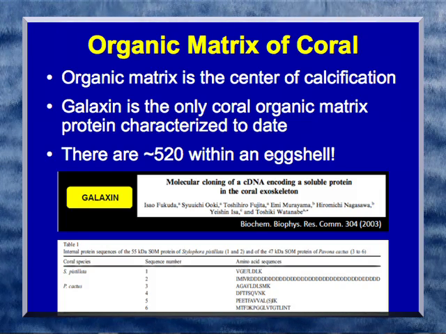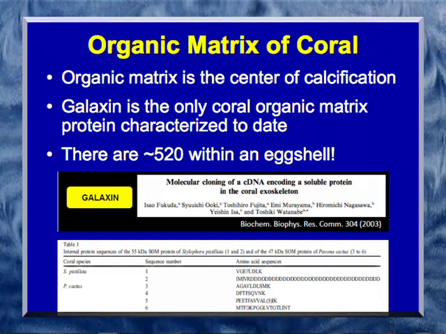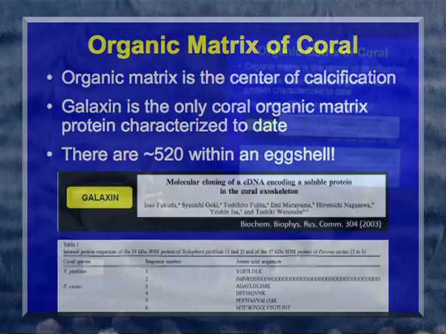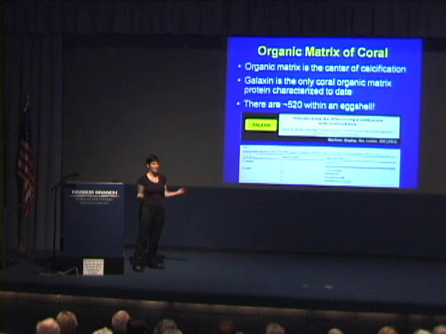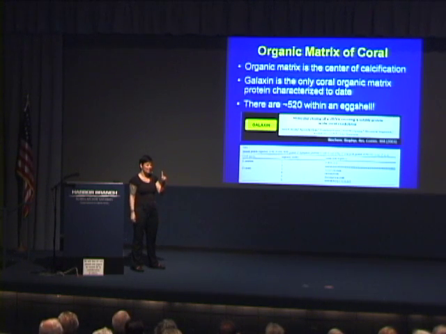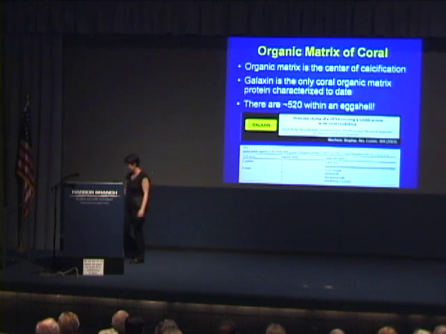So it's very important in the production of coral skeleton, and this gene is called galaxin because it was identified from a coral, Galaxea. But what's interesting is, corals produce these big giant skeletons that can be as big as cars underwater, and we have one protein. Whereas in an eggshell, there's at least 550 proteins involved in the production of the eggshell. So there's a lot more work that needs to be done.